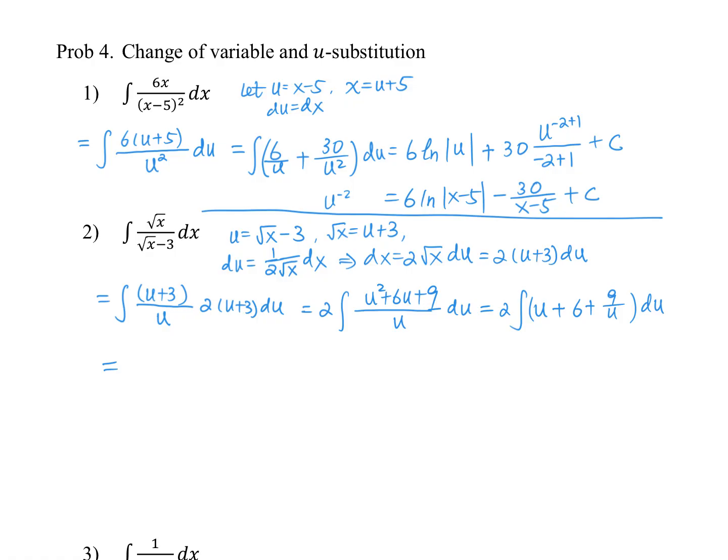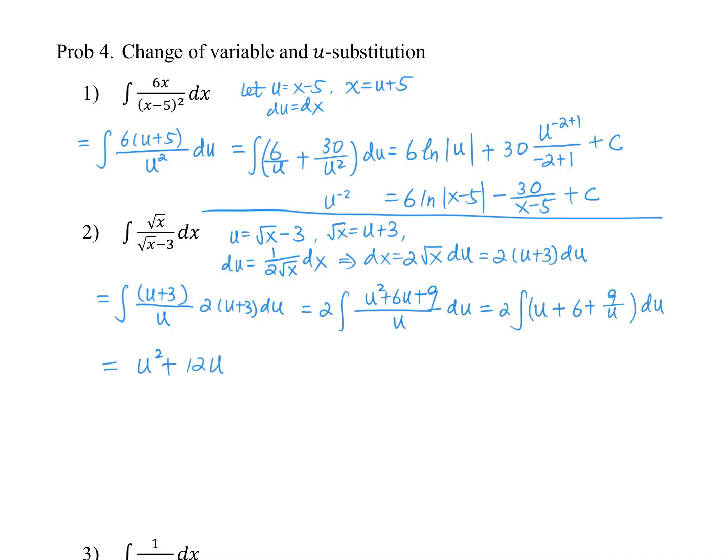So now finally, the antiderivative of u is u squared over 2, right? U squared over 2 multiplied by 2, so therefore we just have u squared. So u squared plus the antiderivative of 6, which is 6u, multiplied by 2, which is 12u. That's where the natural log comes in, so 9 over u will be 9 times natural log of absolute value of u, but multiplied by 2.